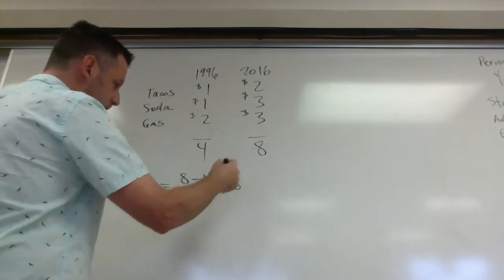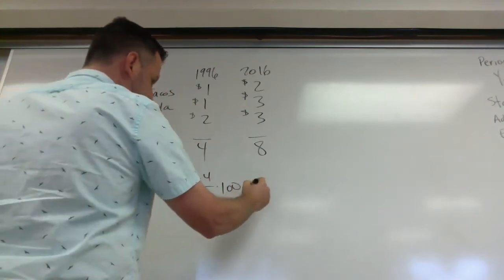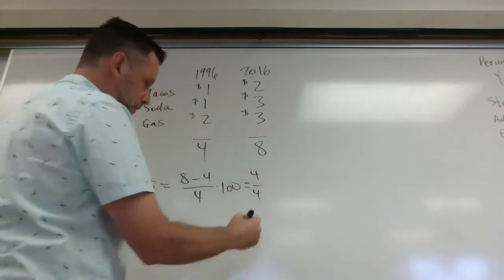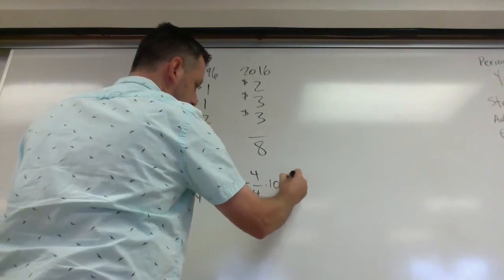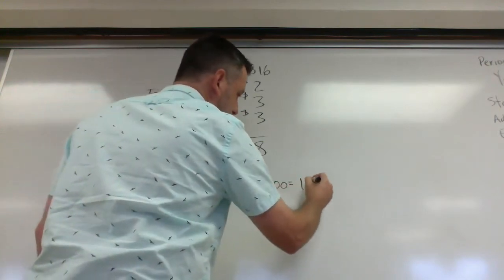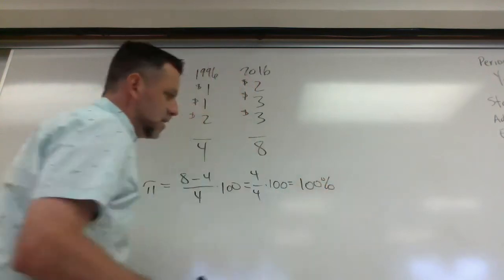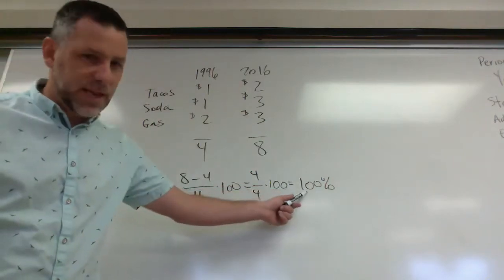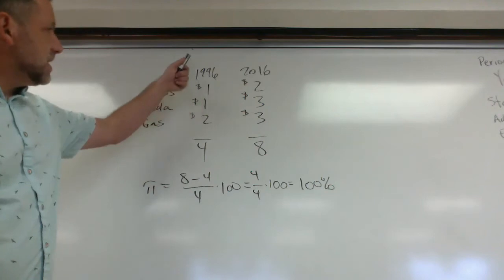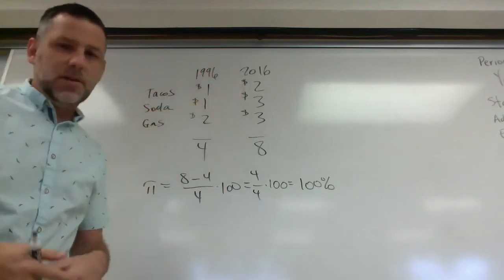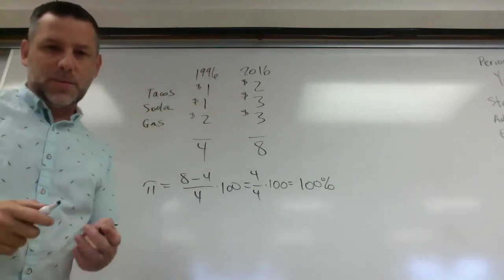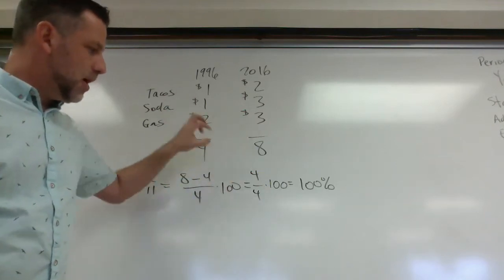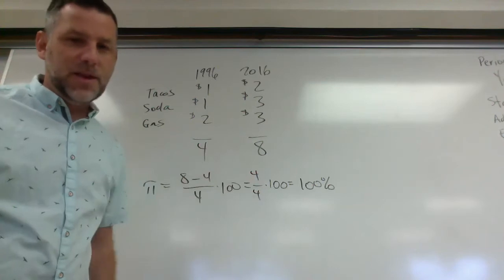And so then we would simplify this, and we would get 4 over 4 times 100 equals 1 times 100, which equals 100%. So what that means is that prices have increased 100% from 1996 to 2016, or in other words, the prices would have doubled. So we just used our market baskets and plugged them in to find that inflation rate.